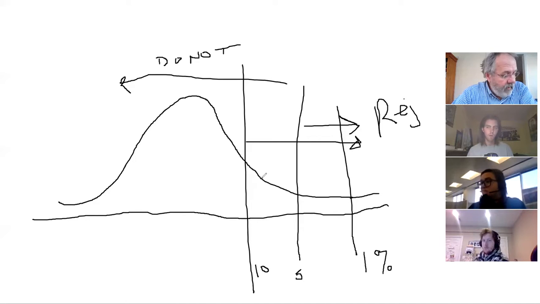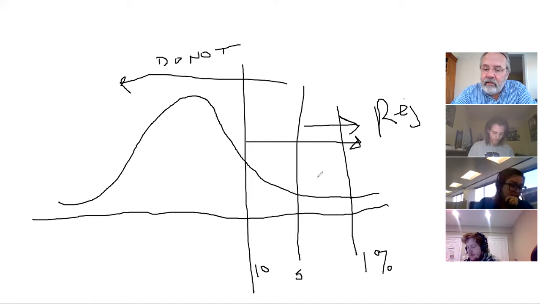For example, if your alpha was 10%, the conclusion that you accept the null hypothesis, but the alternative hypothesis is true, in other words, you make a type 2 error, is greater. That makes sense? Whereas if you had a stronger test like 1% significance, the chances of doing that are less.